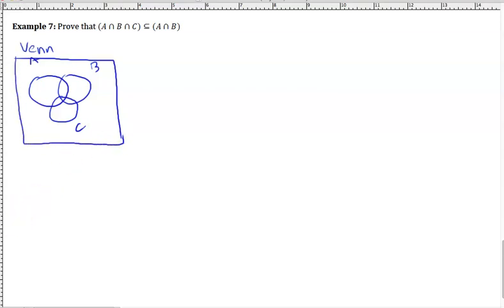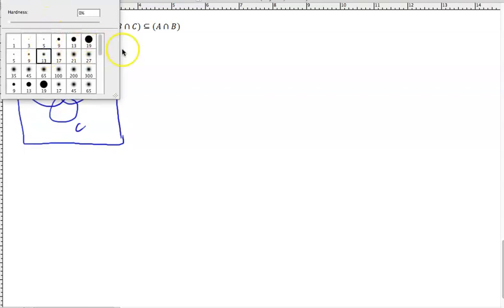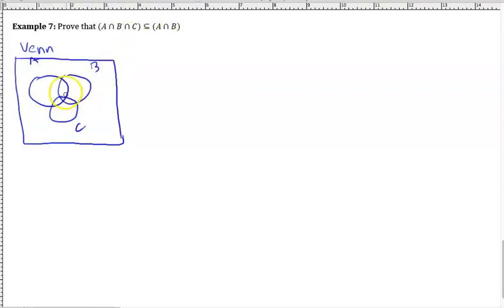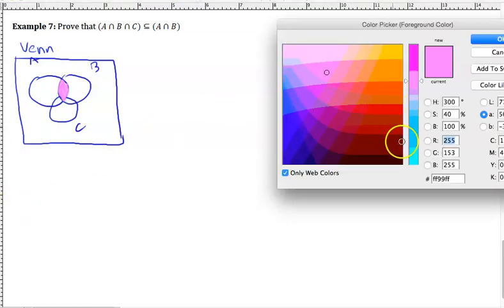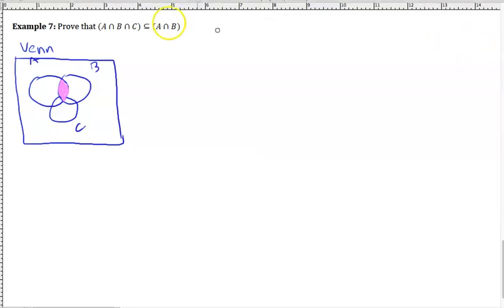I'm going to draw the intersection of A and B. And, being lazy, right on top of it I'm going to draw the intersection of A, B, and C. That's going to be in here.